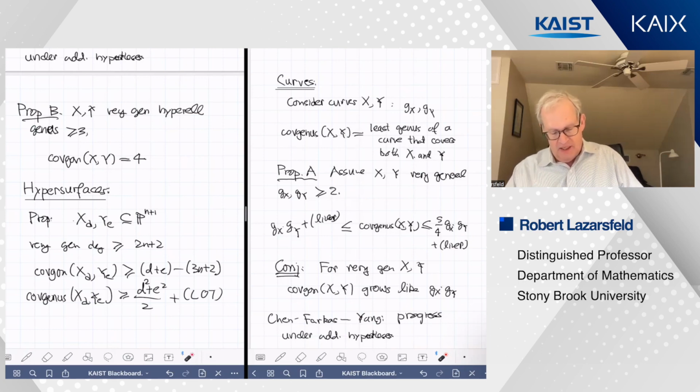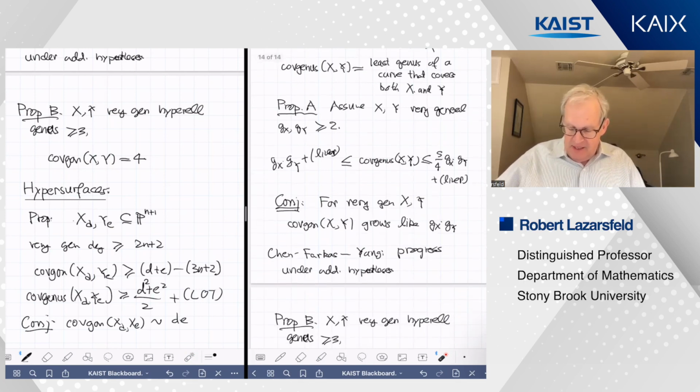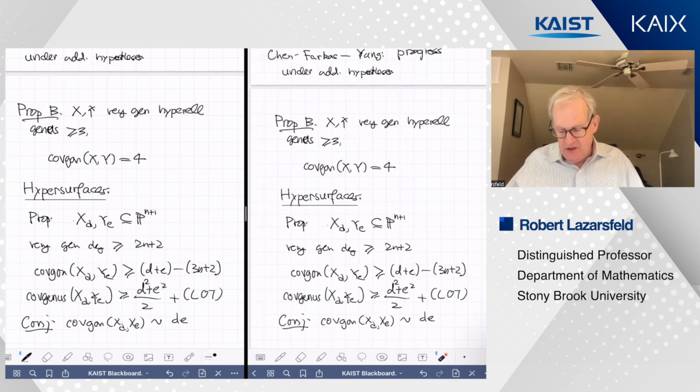So this is the sum of d and e, which are asymptotically the individual covering gonalities, and d squared over 2 and e squared over 2 are individually asymptotically the covering genus, so it's an additive statement. But the conjecture, I'll just state it for covering gonality, is that it should grow multiplicatively. So the conjecture is that the covering gonality of X_d and Y_e should grow like d times e. And similarly, the conjecture is that the covering genus should be a little bit bigger.